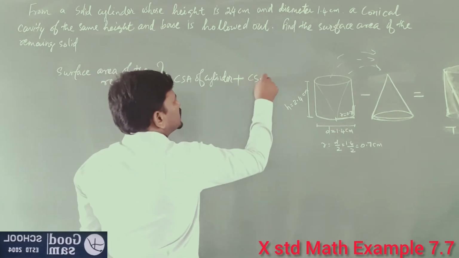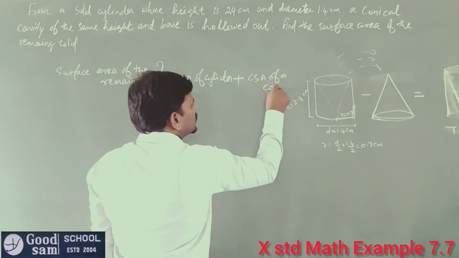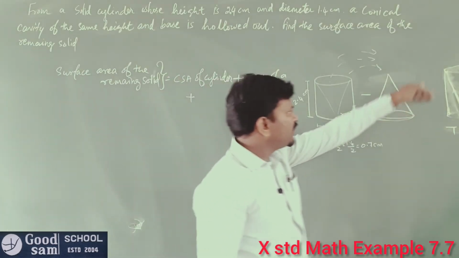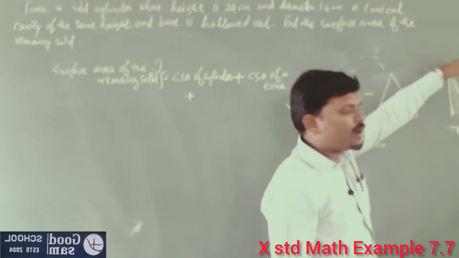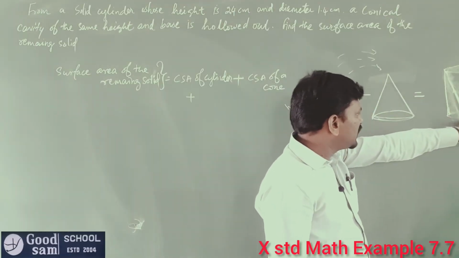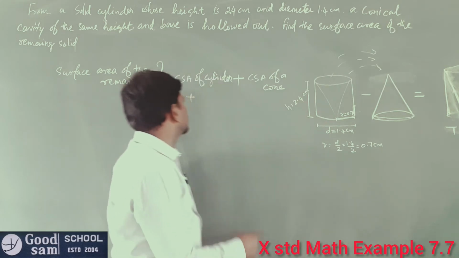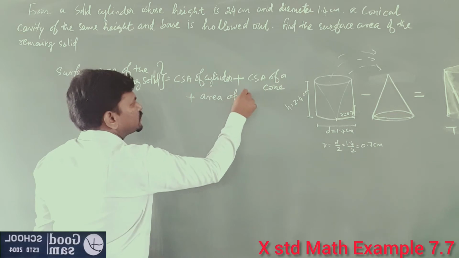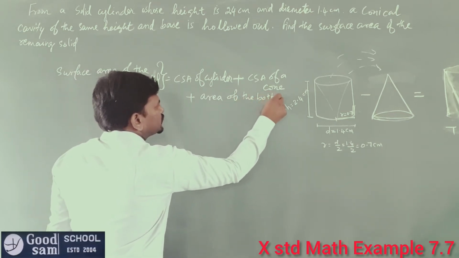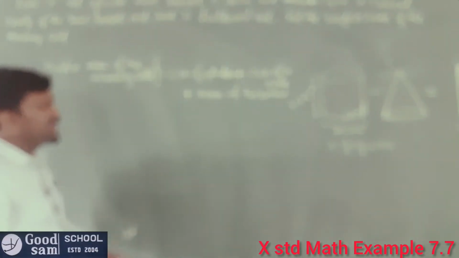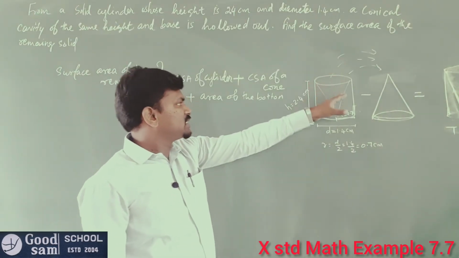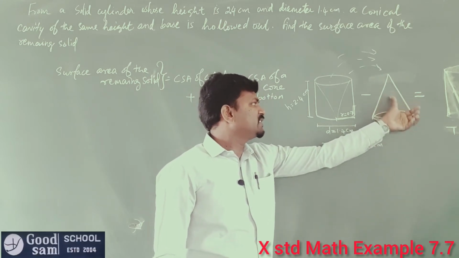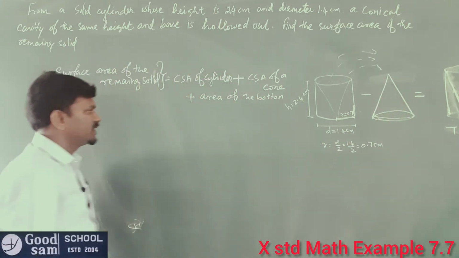So the CSA of the cone, plus the top. There will not be any top, it is a hollow space, but the bottom will be a circle, the area of the bottom, because the top of the cylinder is taken away along with the cone.